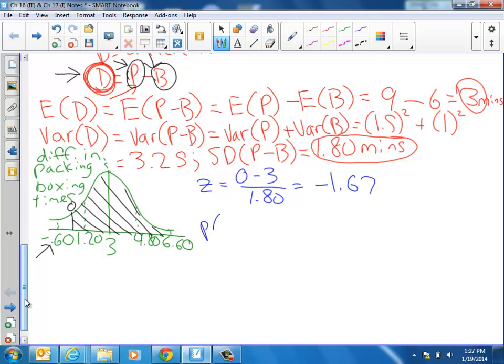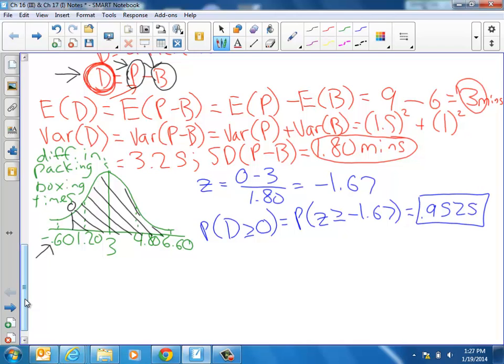So the probability that the difference between these times is greater than 0 or greater than or equal to, we can use those interchangeably, is equal to the probability that our z-score is greater than or equal to negative 1.67. Again, use normal CDF to find that probability. That percent under the curve is 0.9525. And there you go.